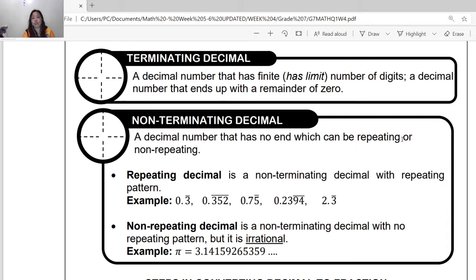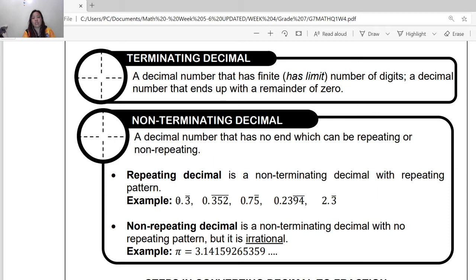For non-terminating decimal, these are decimal numbers that have no end, which can be repeating or non-repeating. Repeating decimal is a non-terminating decimal with a repeating pattern. For example here, 0.3 with the bar means the 3 is repeating and it is non-terminating, so it is continuous.